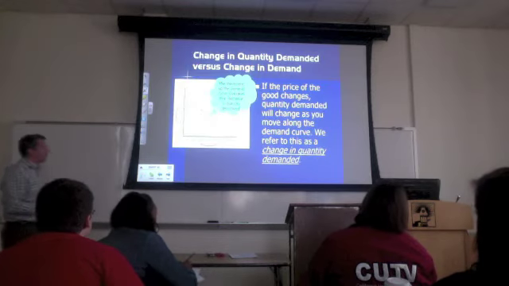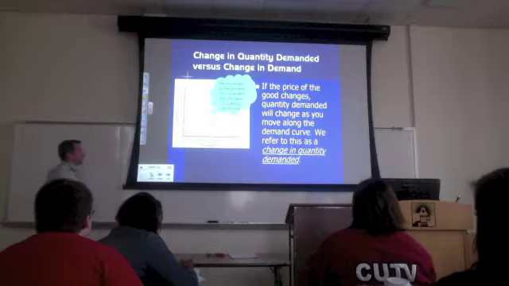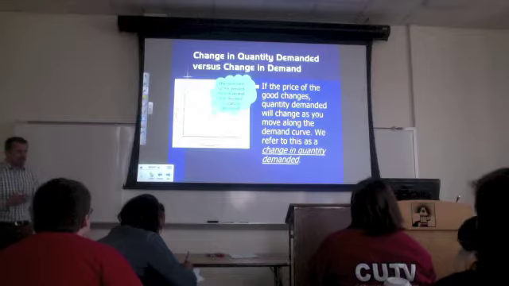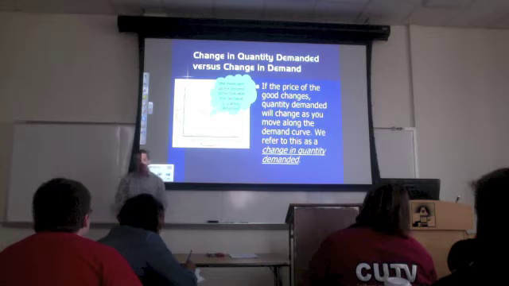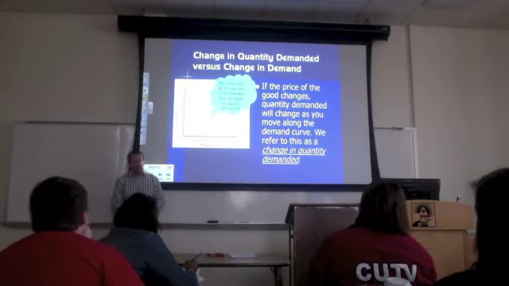That movement from the point where price was 4 and quantity demanded was 800 to the point where price is 8 and quantity demanded is 400, that movement up along the demand curve is a decrease in quantity demanded. Make sense? By the way, be careful of this. Which direction are we moving along the demand curve?